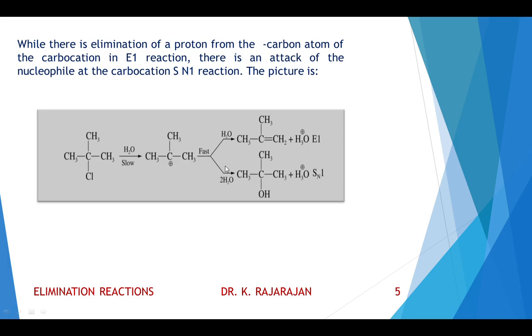So here the reaction may go through E1 or through SN1. If it goes through the SN1 type, butanol, an alcohol molecule, is produced. Whereas if the E1 reaction is preferred, instead of alcohol, you will have an alkene as the product.